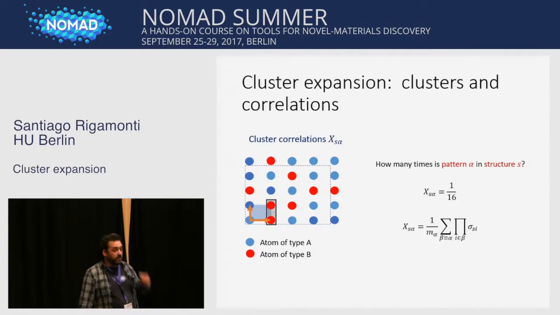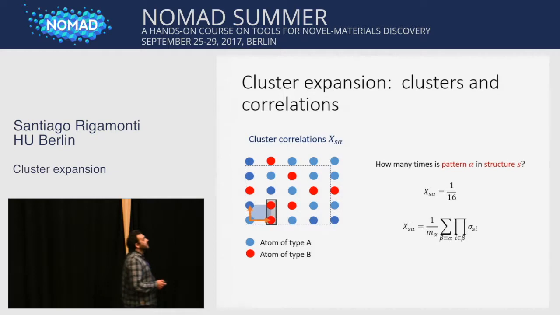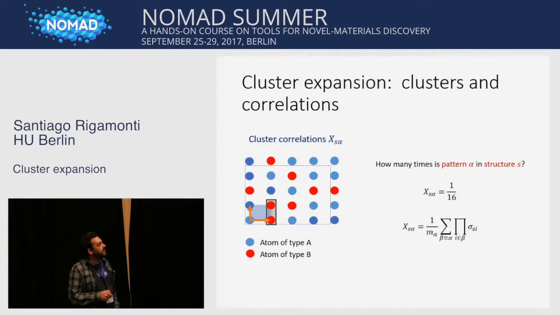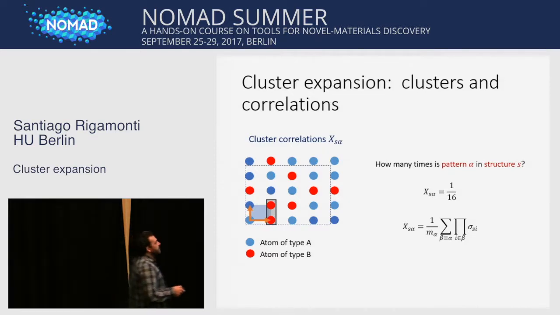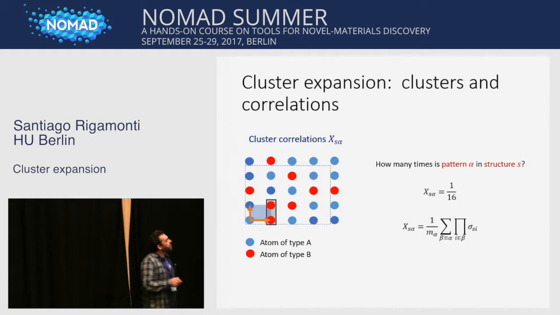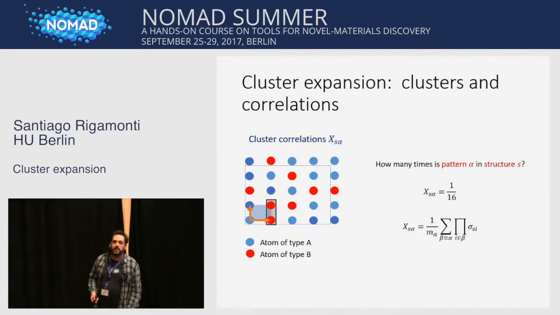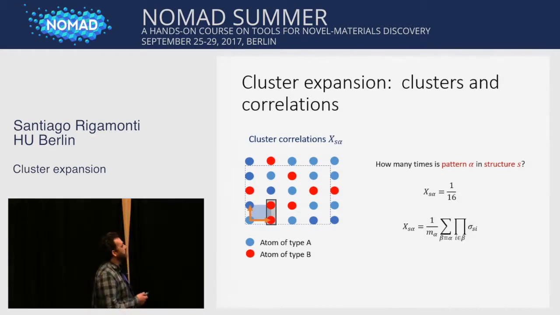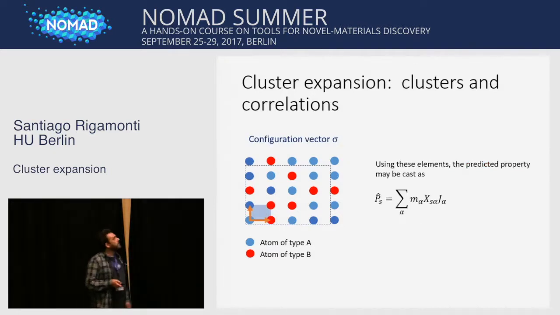Then we define the cluster correlations. The cluster correlations in this representation that I'm using tells us how many times this pattern, for instance, corresponding to cluster alpha, is present in the structure S. This can be calculated in this way, but the basic thing that we have to take is that this would be a sort of the frequency in which this cluster appears in a given structure.